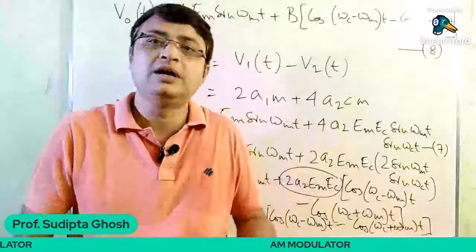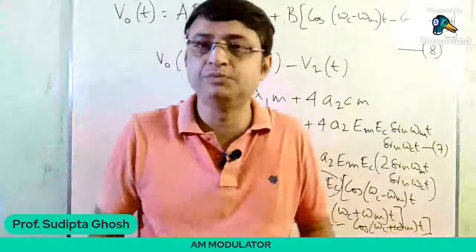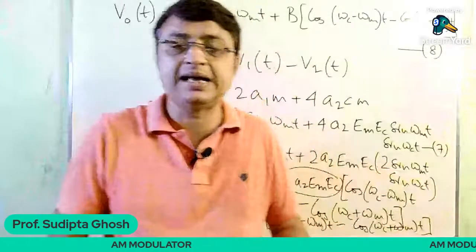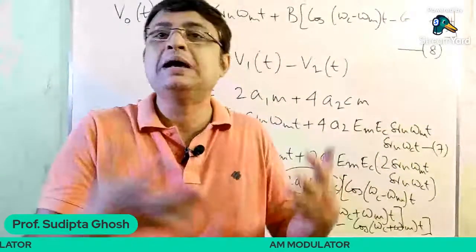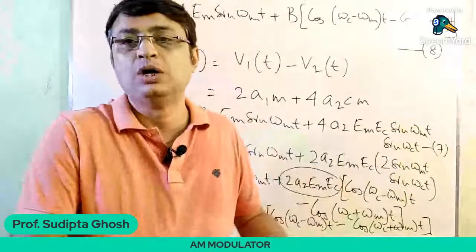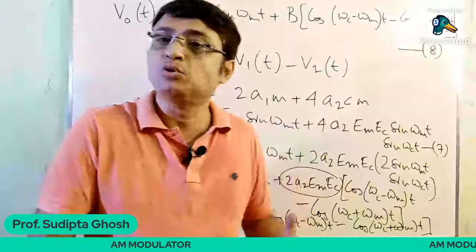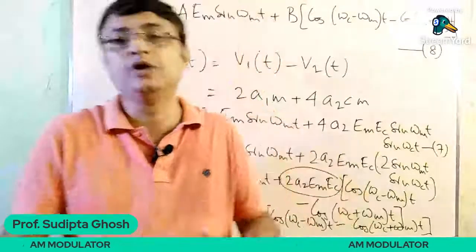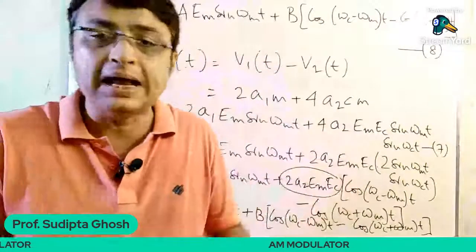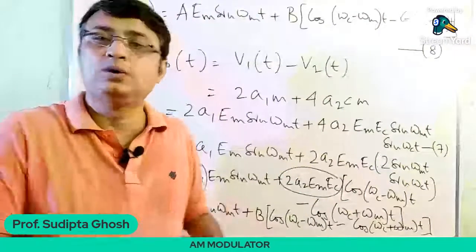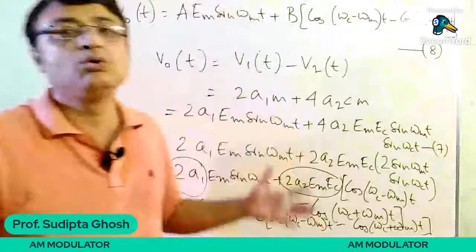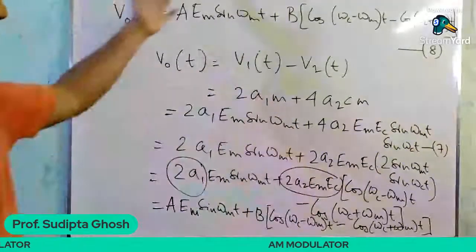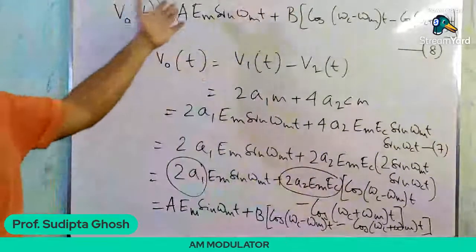But in theory, here we have assumed that this is an ideal case, and we have two ideally matched modulator circuits. And if you have two balanced, or two matched AM modulator circuits, you can remove the carrier as a whole.